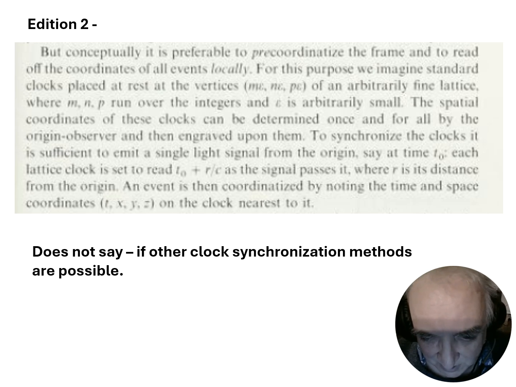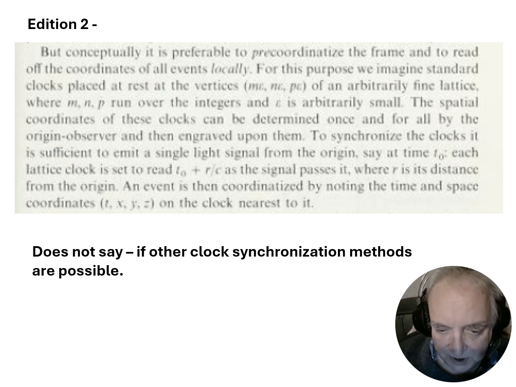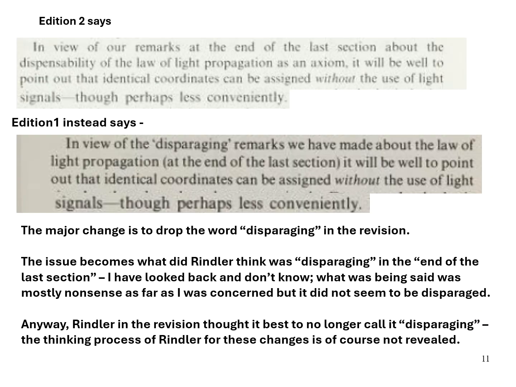An event is then coordinatized by noting the time and space coordinates, which are t, x, y and z on the clock nearest to it. And it doesn't say if other clock synchronization methods are possible, so it's once again leaving things ambiguous.